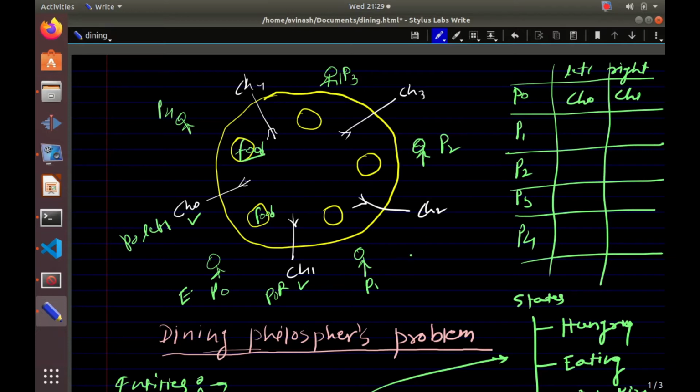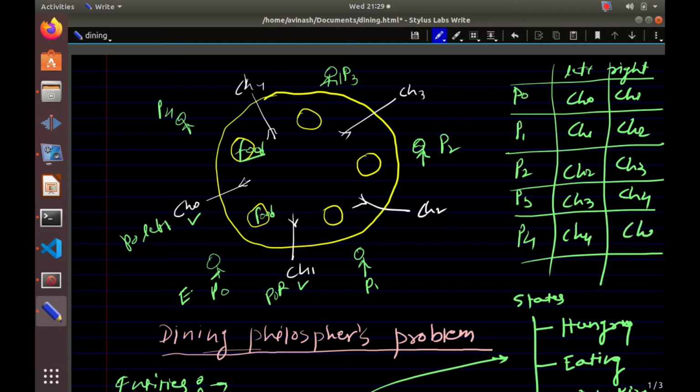Similarly, P1 requires CH1 as the left chopstick and CH2 as the right chopstick. P2 requires CH2 and CH3. P3 requires CH3 and CH4, and P4 requires CH4 as left and CH0 as right.